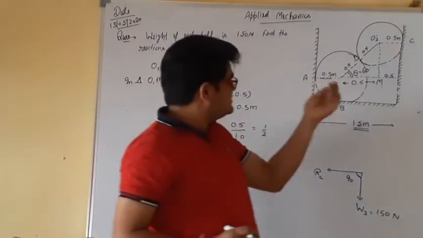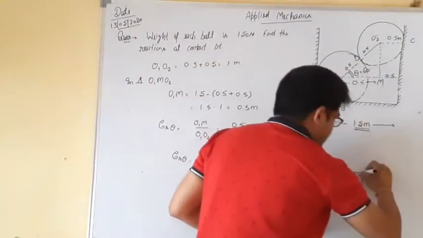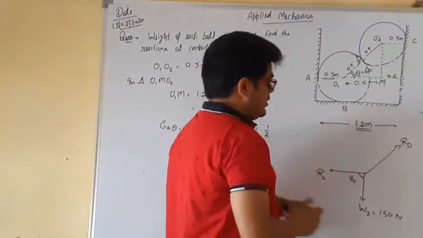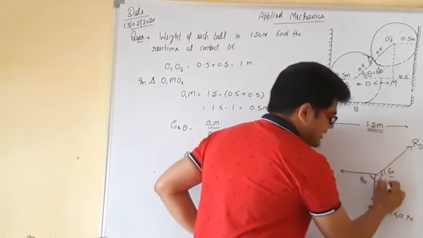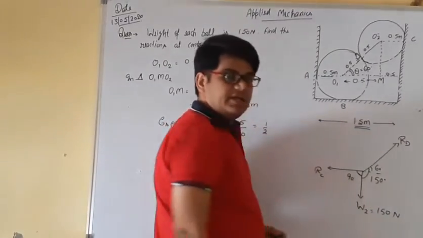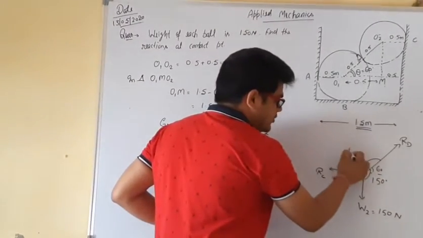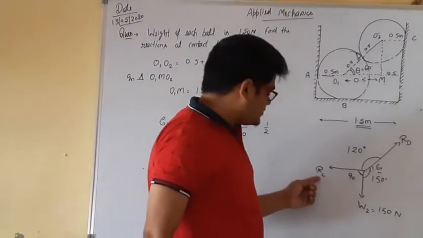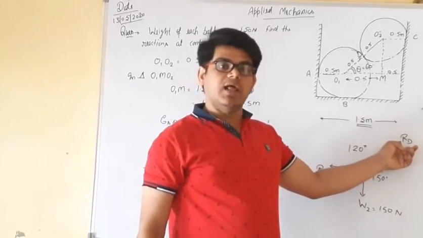And the third reaction is the reaction of the first body on the second body, that means RD, the reaction at point D. Now this angle is 60 degree, so the whole angle equals 150 degree. 90 plus 150 is equal to 240, and the remaining angle is equal to 120 degree. Here there are three forces, RC, W2 and RD, so we can apply Lami's theorem.